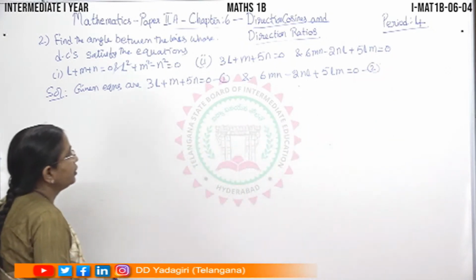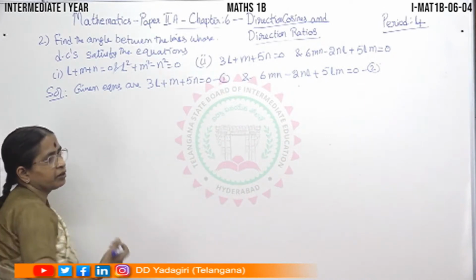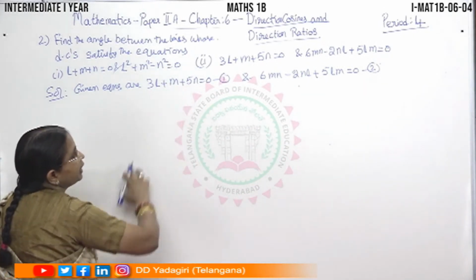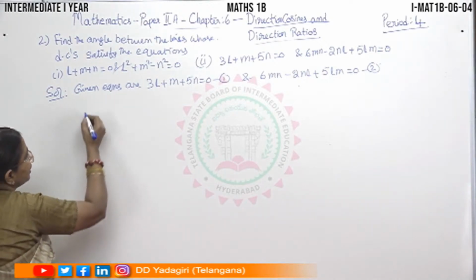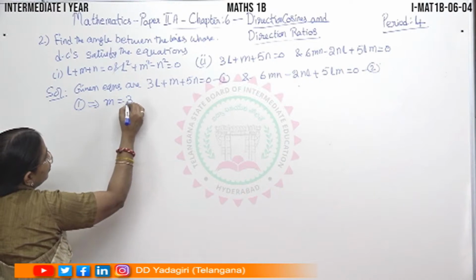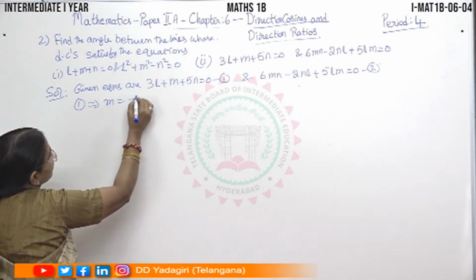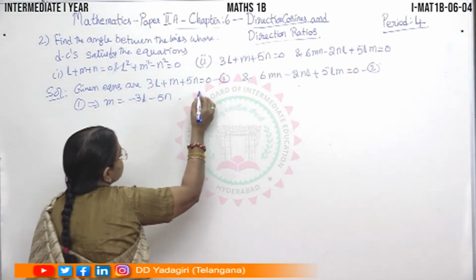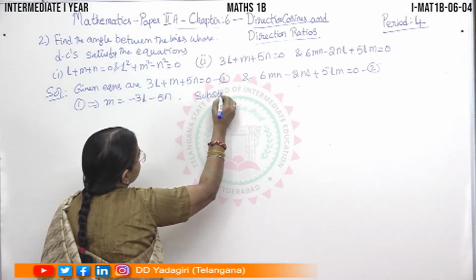Now what we do is, from the first equation you can find either L or M or N. Here it is easy to find M value because its coefficient is 1. So from the first equation we will get M is equal to minus 3L minus 5N.